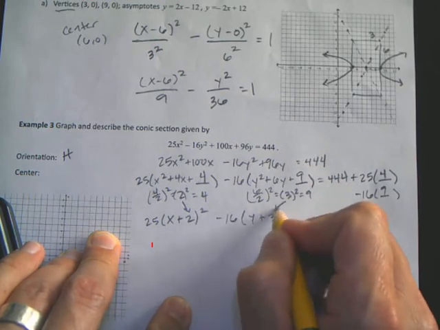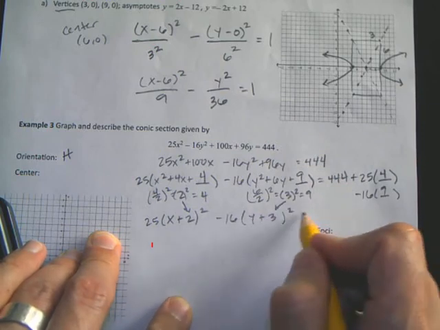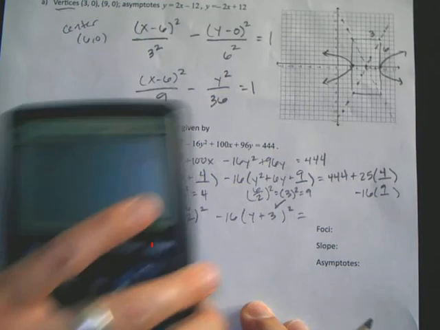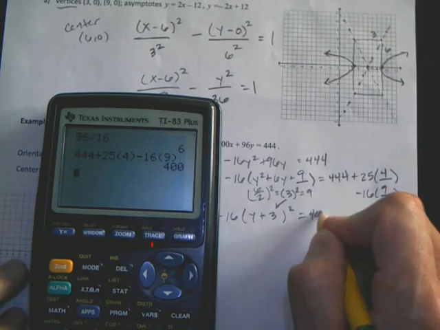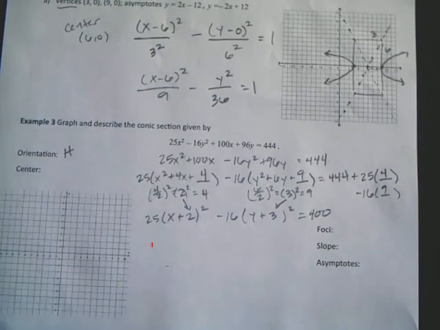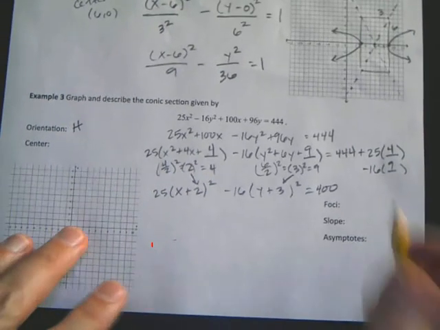I'm going to use my calculator. 444 plus 25 times 4, which is 100, minus 16 times 9, which is something. 400. Awesome. But our standard form of hyperbolas and ellipses equal 1, so we divide by that 400. We divide this by 400.